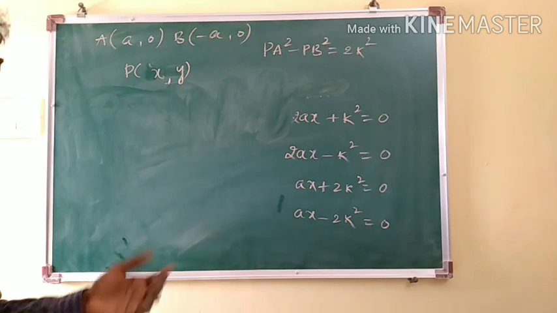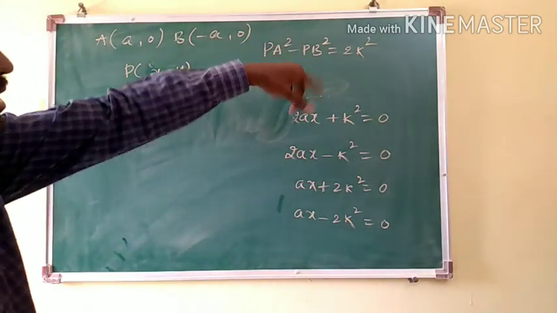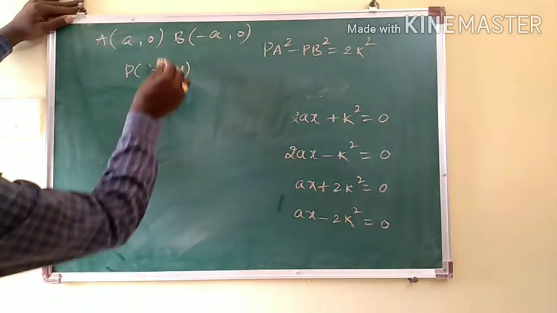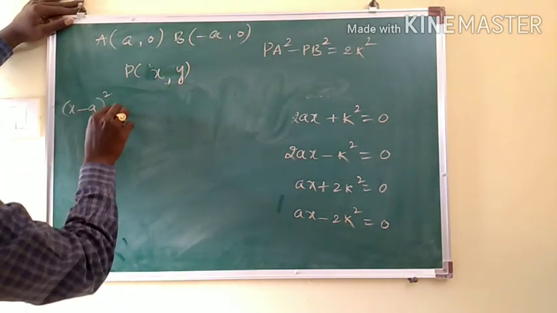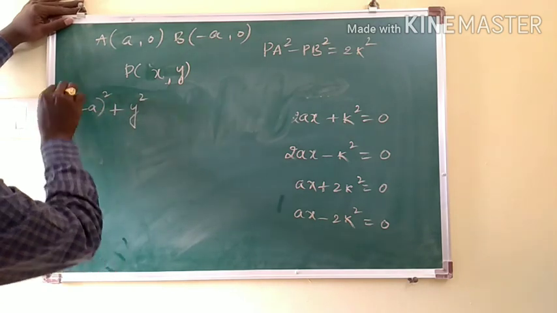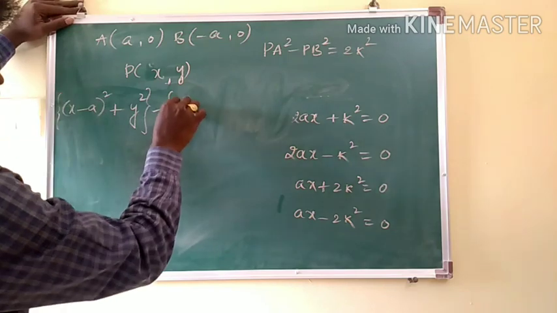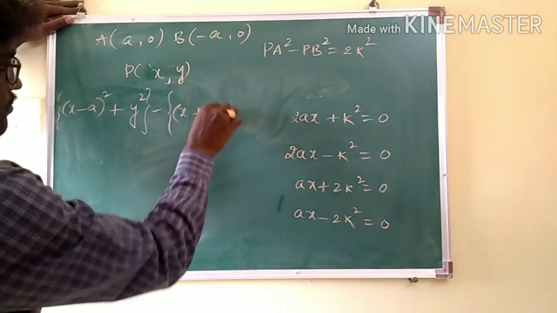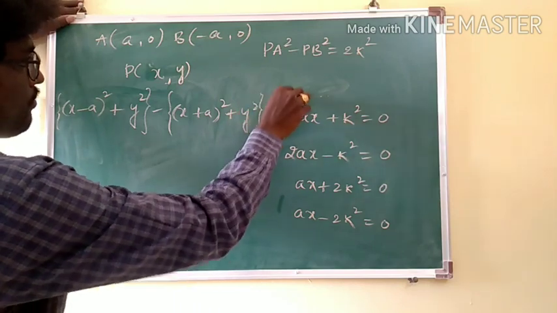Generally we are taking h comma k, but here since k already existed in the given problem, we are not going for that. Then what will we get? X minus a whole square plus y minus 0 whole square, that is y square, minus x plus a whole square plus y square is equal to k square.